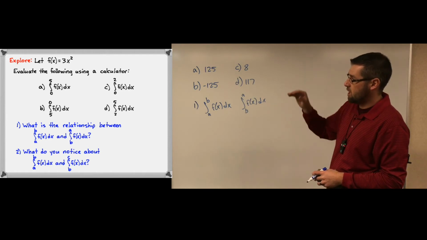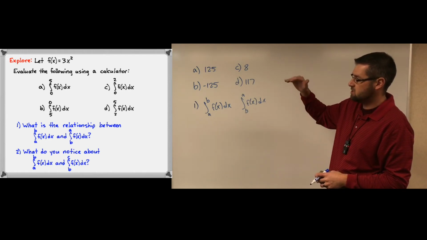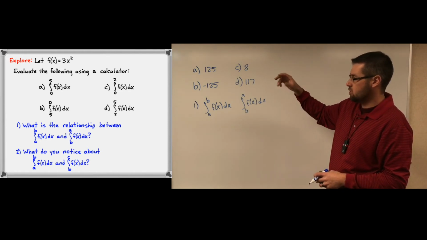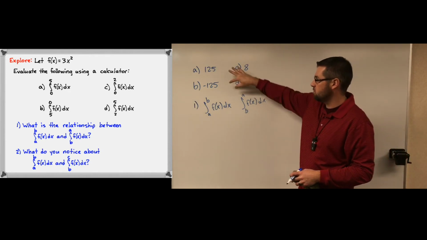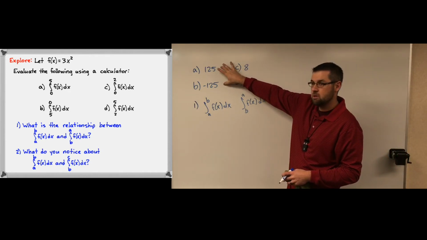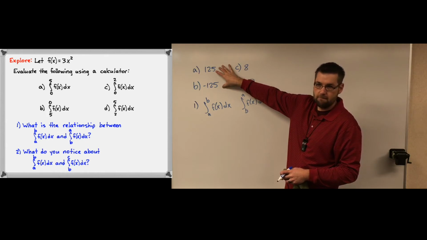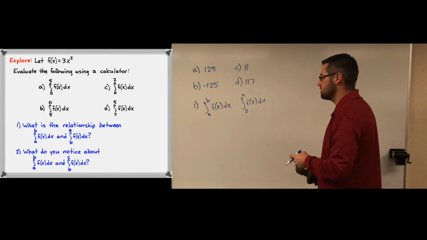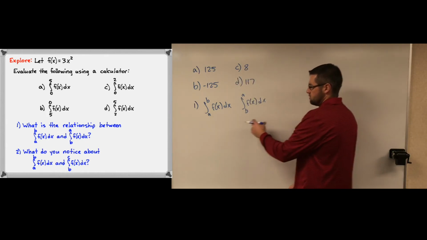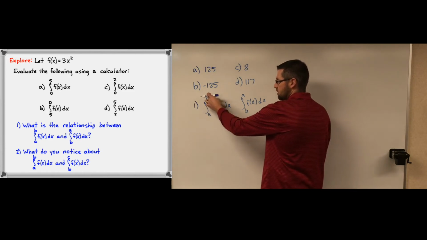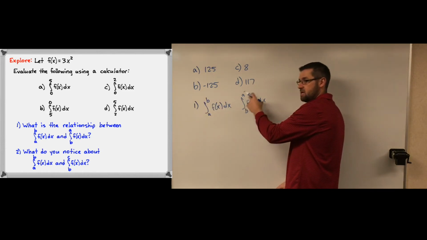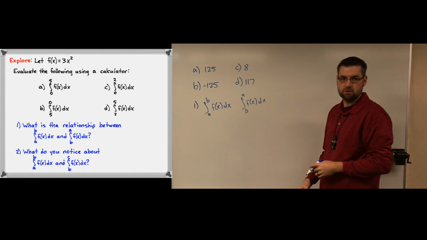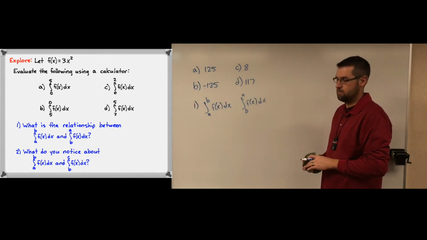A and B. So A is the integral from 0 to 5. B is the integral from 5 to 0. So if the bounds are switched, what do we notice about the answers? The signs are switched, right? Okay. So in other words, and I'll let you write that out, if the limits are switched, then the sign of the answer is changed as well.